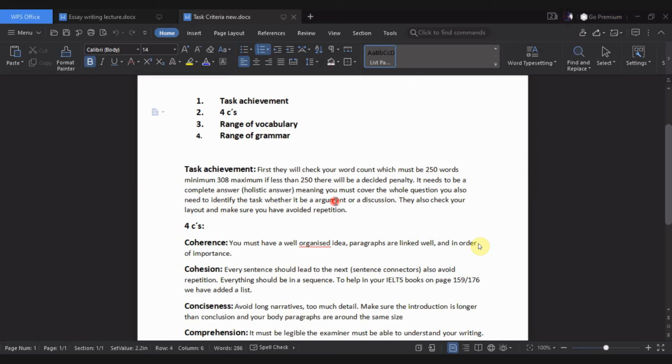So what you can do under your cohesion, you have to use and vary different cohesive devices. Okay, so how? Instead of saying, for example, and giving examples, because the thing about "for example" is it's really common. And your goal here is to get a good score.